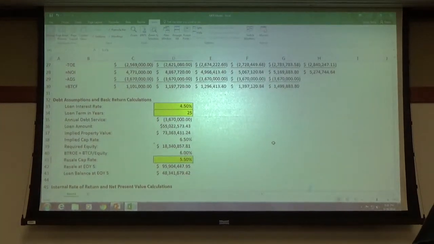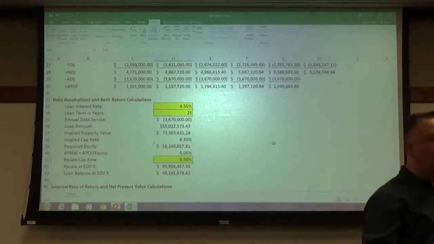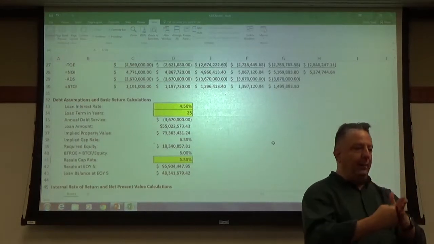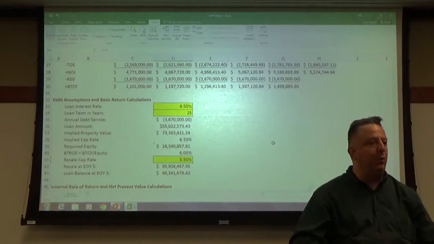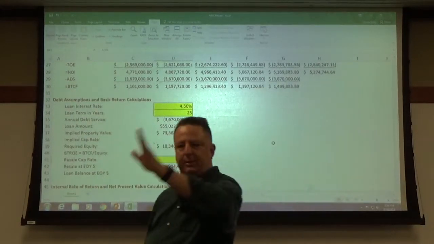The cap rate is always focused on future income. What I mean by that is the cap rate is always focused on what next year's income is going to be, because I want to know what sort of rate of return I'm going to get on it over the next year. Let's put it in simpler terms.